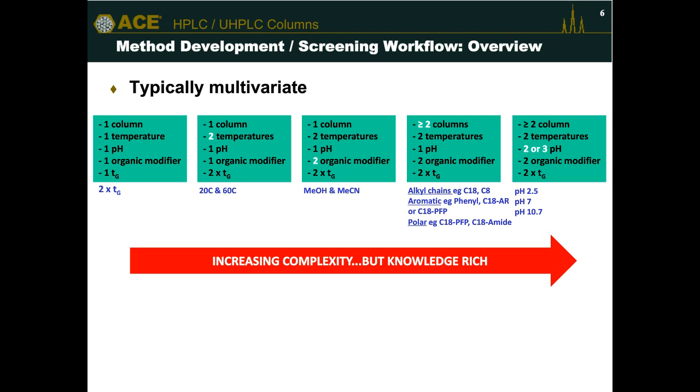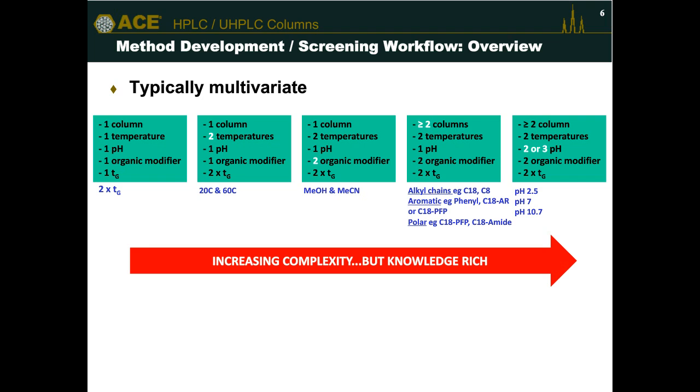So we get our sample that we need to do some method development on, we put it on the instrument, and normally we perform a broad scouting gradient run using the column, the temperature, and the mobile phase that's in that box. We then get the data, the chromatogram from the first couple of injections, and we start to make choices and decisions about what we want to do next.